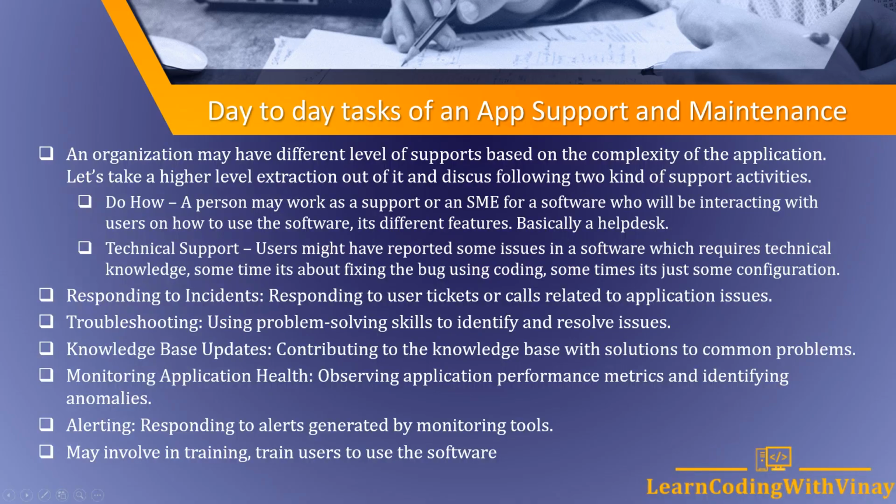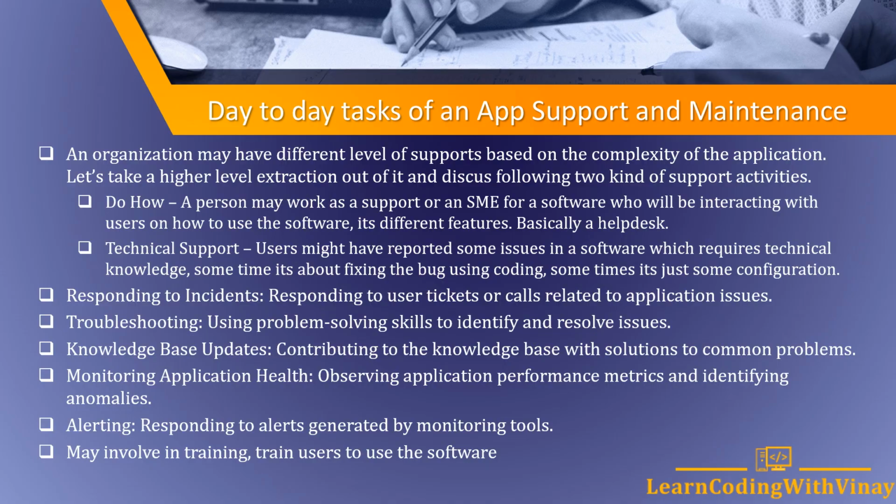Now, depending on the structure of a support team within the organization, they can be divided into multiple layers of support engineers. And here I have just kept two. First, let's consider L1, which is do how or know how. Support engineers working as L1 are knowledgeable about what the software is and how to use the application.